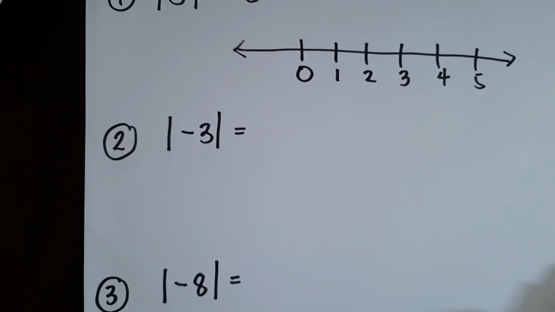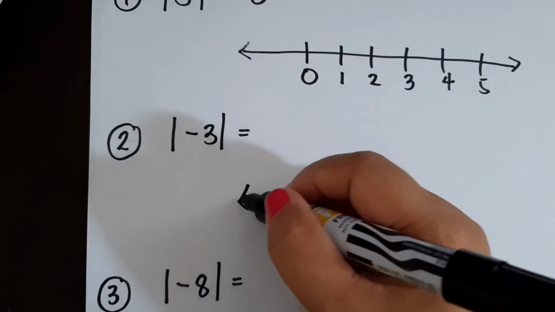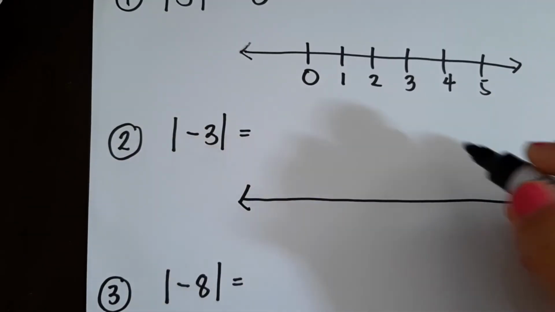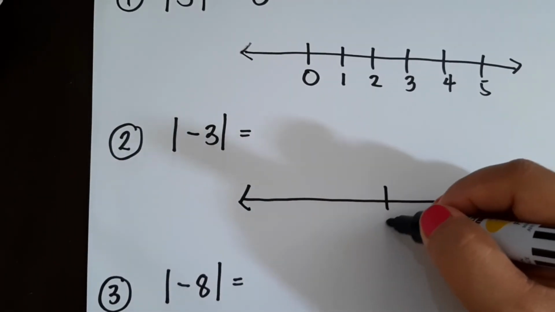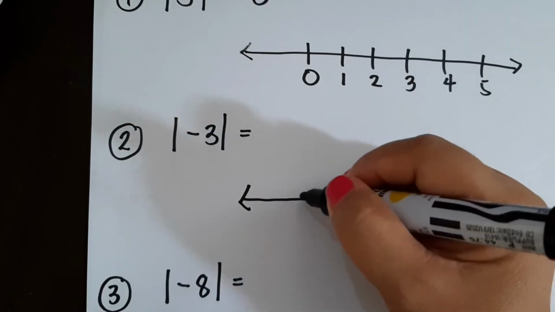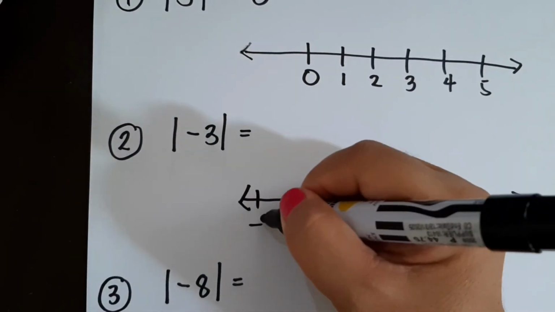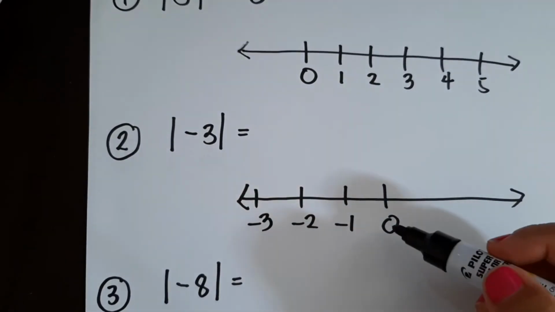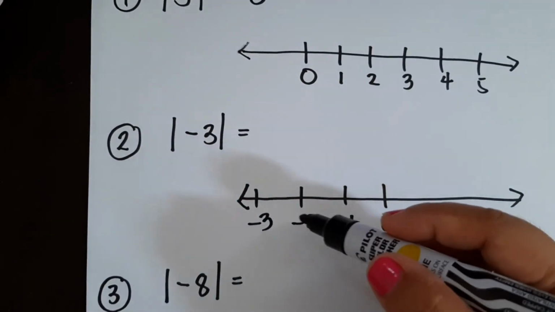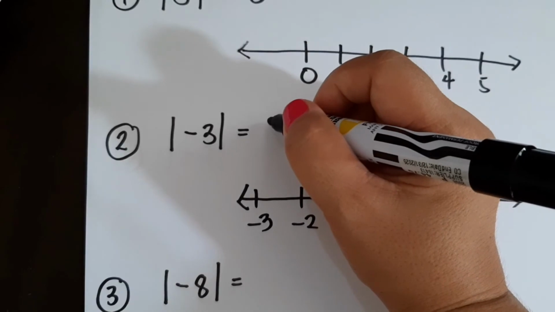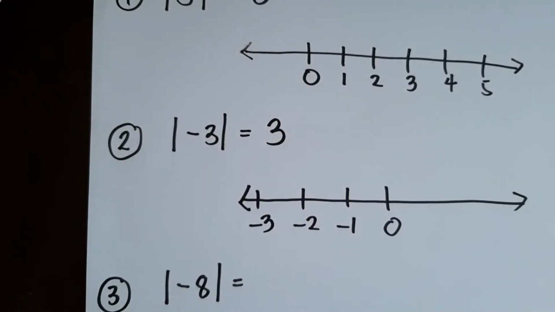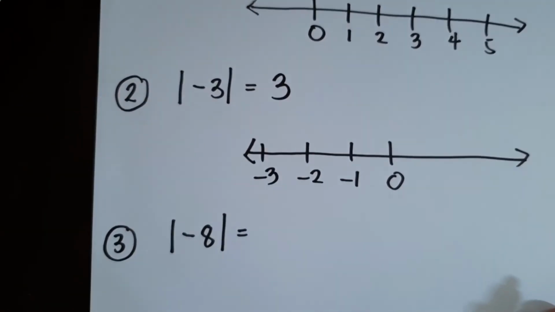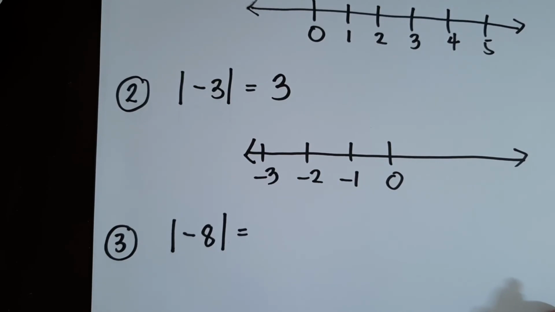Next, the absolute value of negative 3. So we have here 0, negative 1, negative 2, negative 3. So therefore, the distance from 0 is 1, 2, 3. So therefore, the answer is positive 3. Next is the absolute value of negative 8.